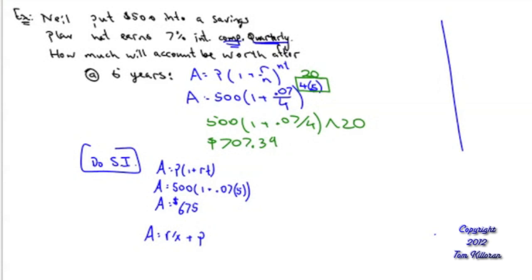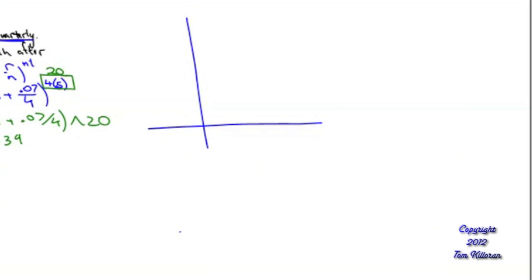How do you graph something that has Rx plus P? What's R represent? Here, let me write it this way: y equals mx plus b. What's the m represent? Slope. The number in front of x is your slope. The number without the x is your y-intercept.